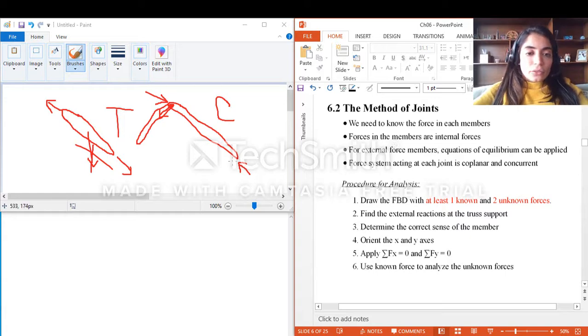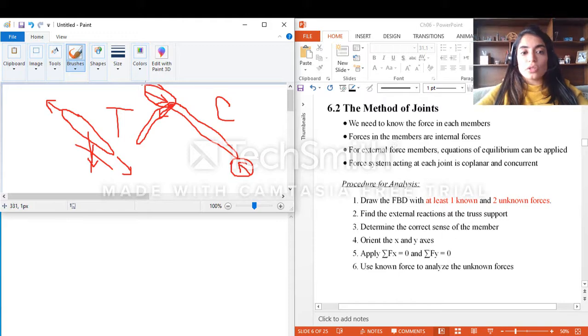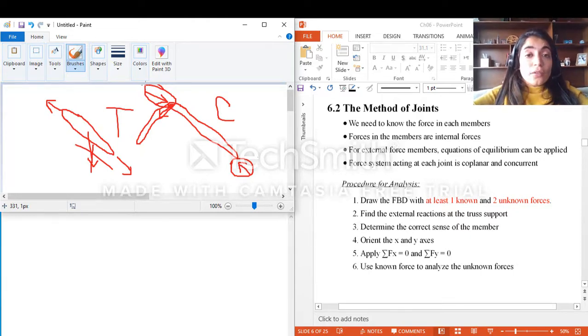So basically, I need to find these forces right here, the tension or the compression forces that are developed inside the members of the truss, in order to hold the weight of the roof, of the tower, or of the bridge. So this is the main objective of this chapter. I need to know the force in each member, and remember that these forces are internal if I take the whole truss as my free body diagram.